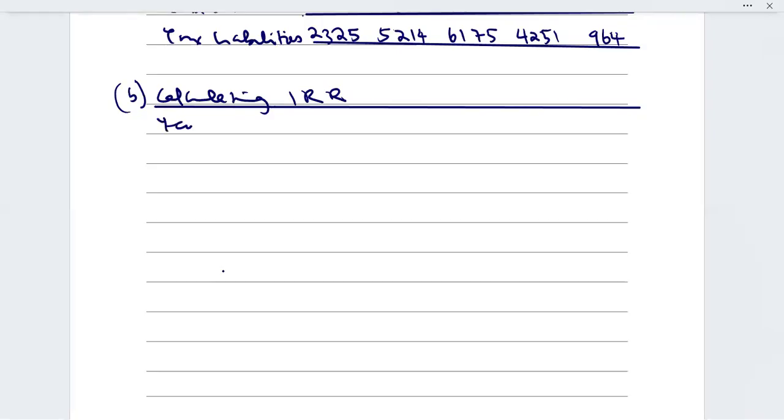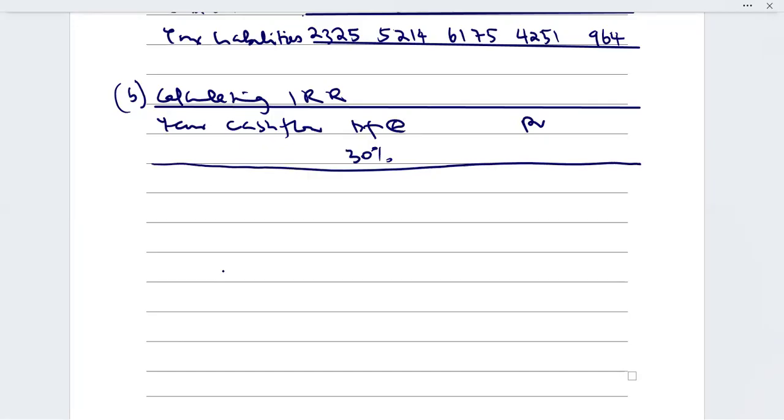So here: cash flow, discount factor, then present value. Let's start with 30% first. Year 0, 1, 2, 3, 4, and 5. Cash flow, give me the net cash flow. Here is 50,000 negative.